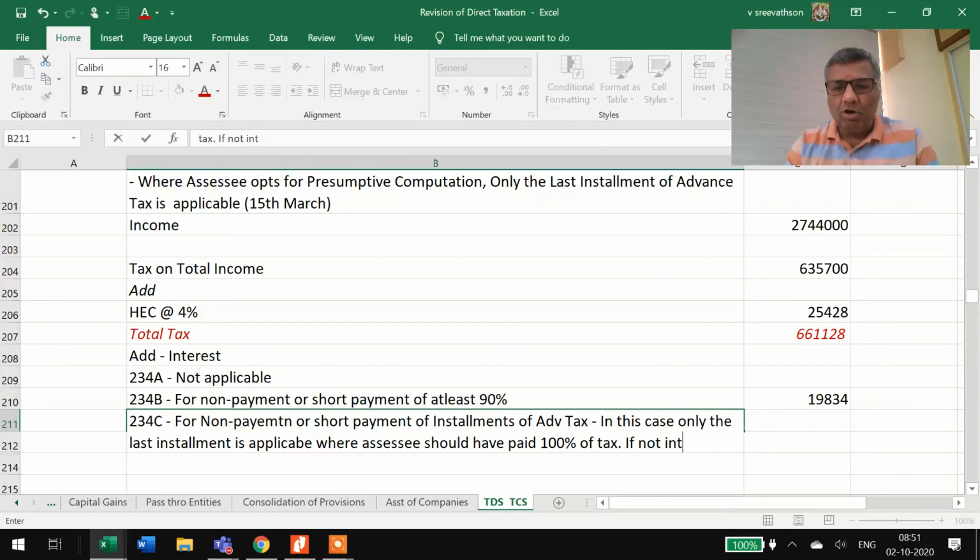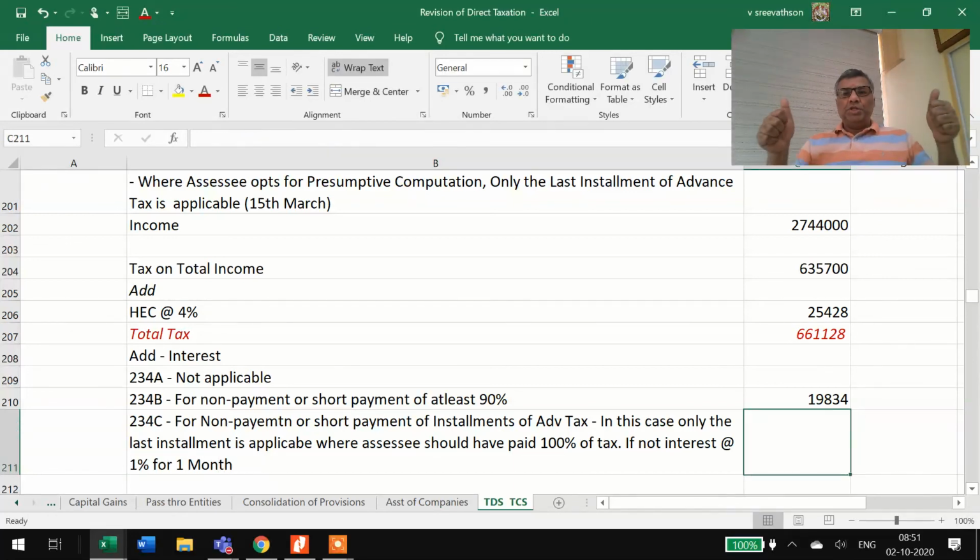If not, interest is at 1% for 1 month. Because if it is June, September, December, it will be for 3 months: shortfall into 1% into 3 months.